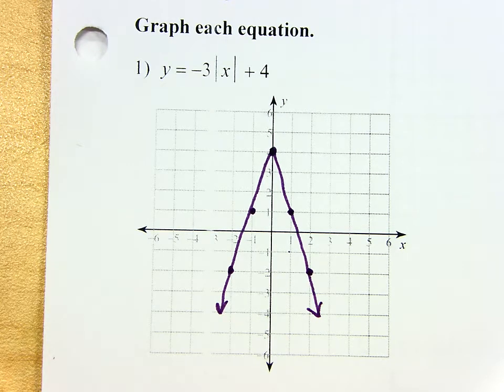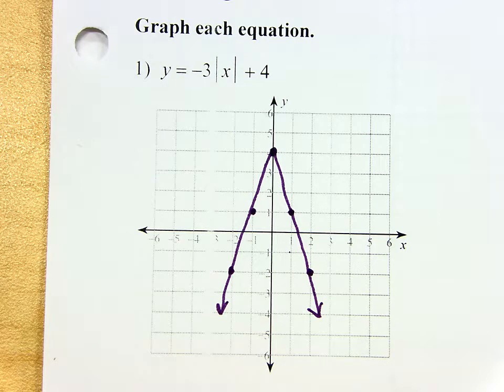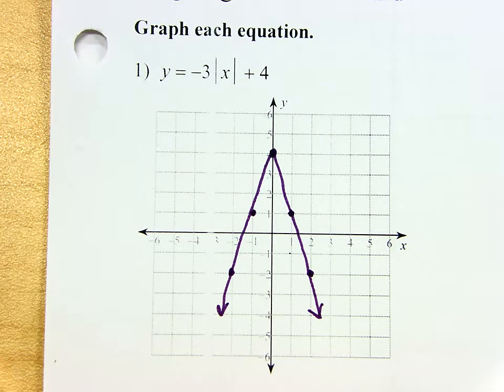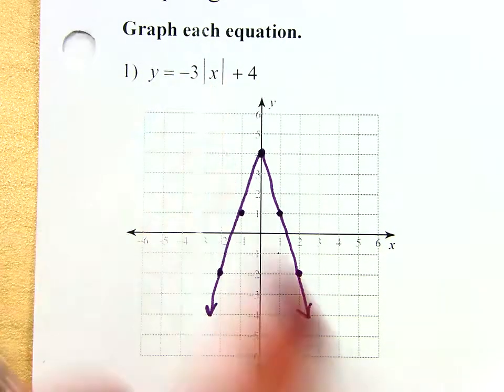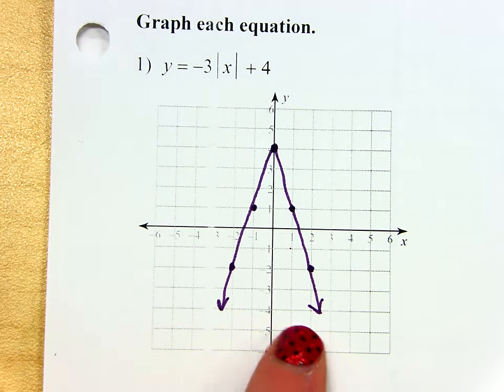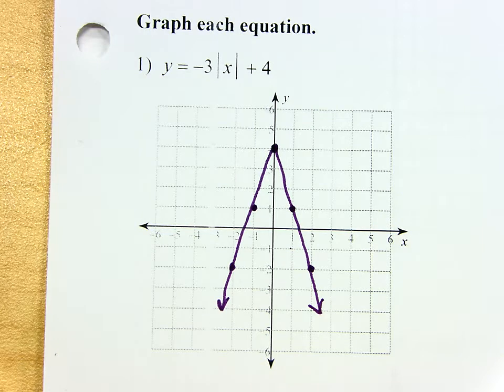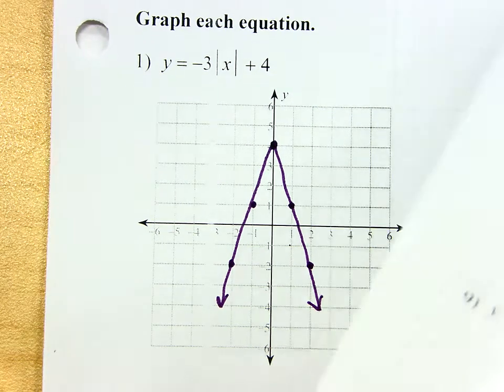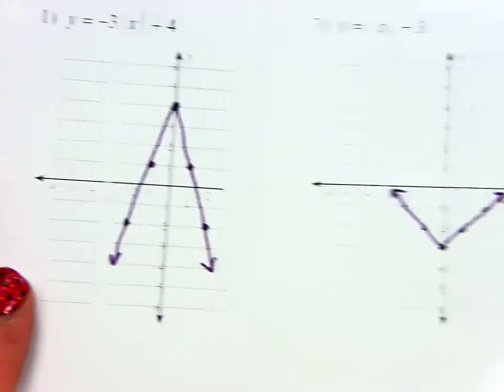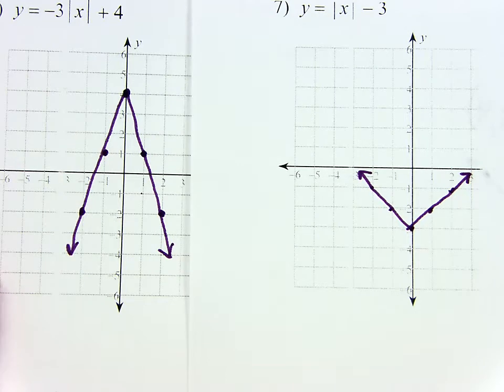So that's what the sign of A tells you, if it's going to be right side up or upside down. After that, it's really just the number we're thinking about. So in other words, the absolute value of A. In this case, the absolute value of A is 3. And what did it do to my graph? It made it more narrow than it usually is, right? If you compare it to your other graphs where A was 1, this graph is certainly more narrow.